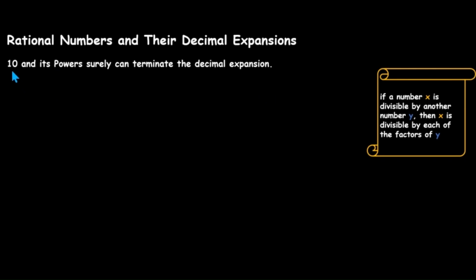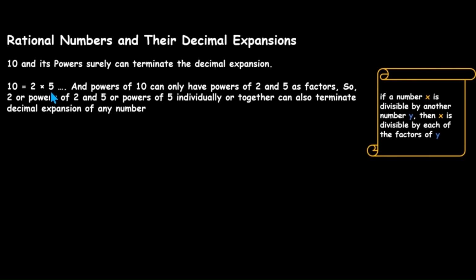So if 10 can terminate the decimal expansion of any integer or rational number, the factors of 10, which are 2 and 5, should also be able to terminate the decimal expansion of any integer or rational number.